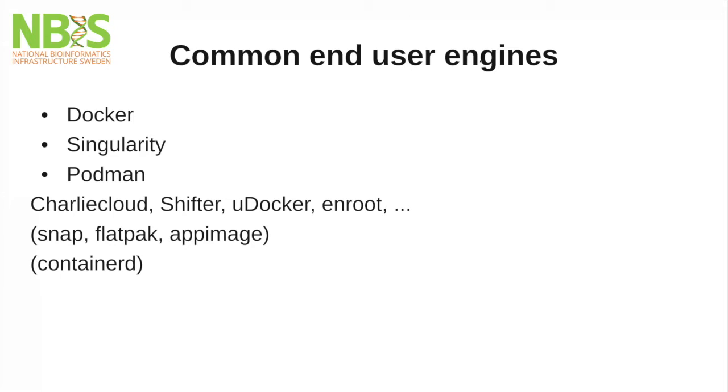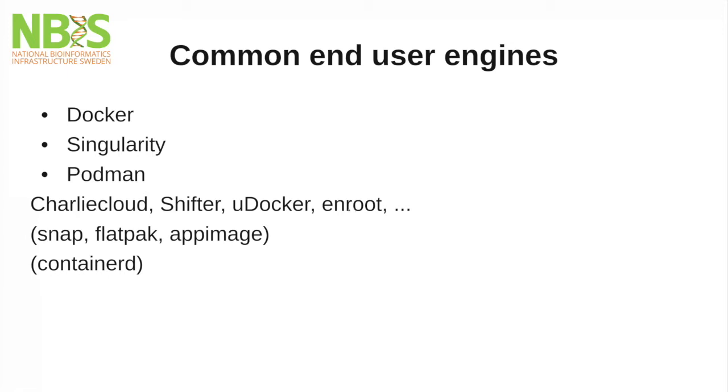There are different tools for this, and normally we call them engines. We have Docker, Singularity for HPC, and some people have heard of Podman, which is quite the same thing as Docker, really. There are also a few more like Charliecloud, Shifter, uDocker, and Rootless.